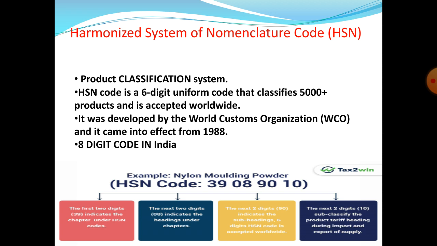Under GST, 3 different types of HSN codes may be used by a dealer on the basis of their turnover. According to GST, dealers with an annual turnover of less than 1.5 crore are not required to use HSN codes while creating invoices or filing returns.